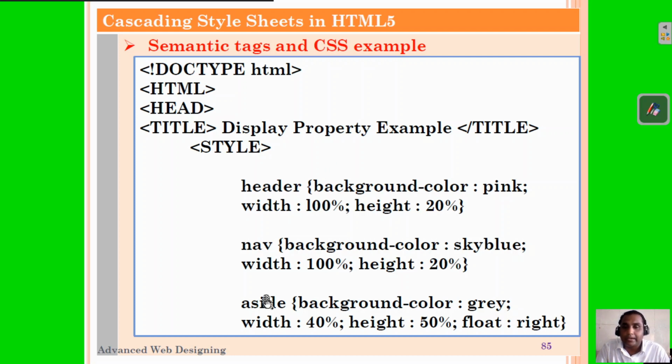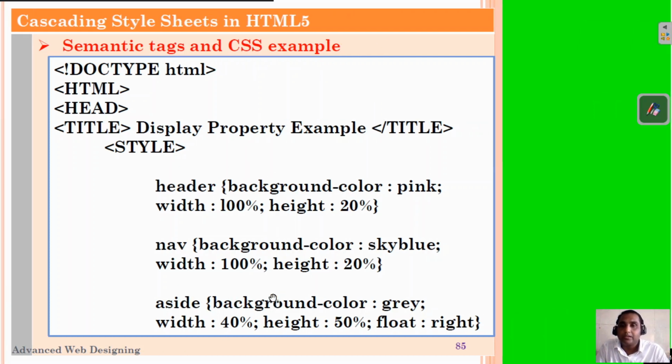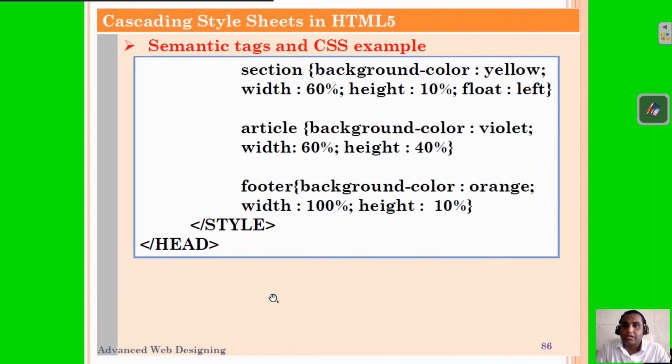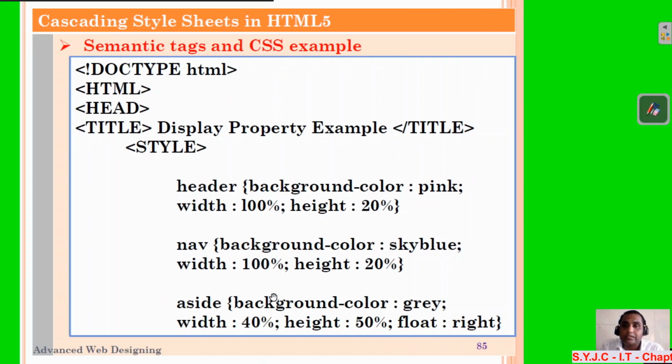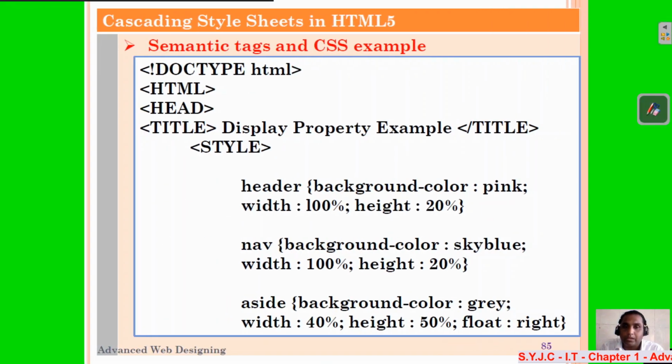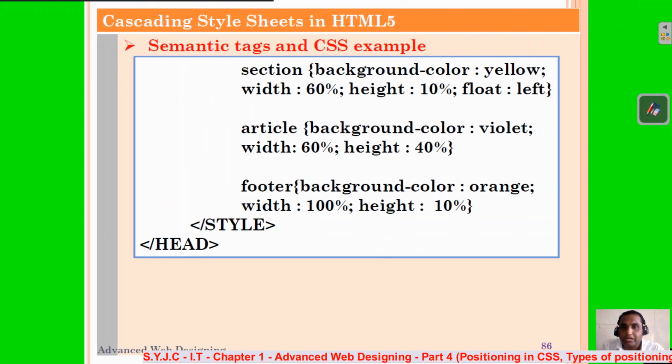This is header, navigation, aside, section, article, footer. These are said to be semantic tags. In 11th standard we have seen different sections of the web browser. The different sections of a web browser have the semantic tags: header, nav for navigation, aside, section, article, and footer.